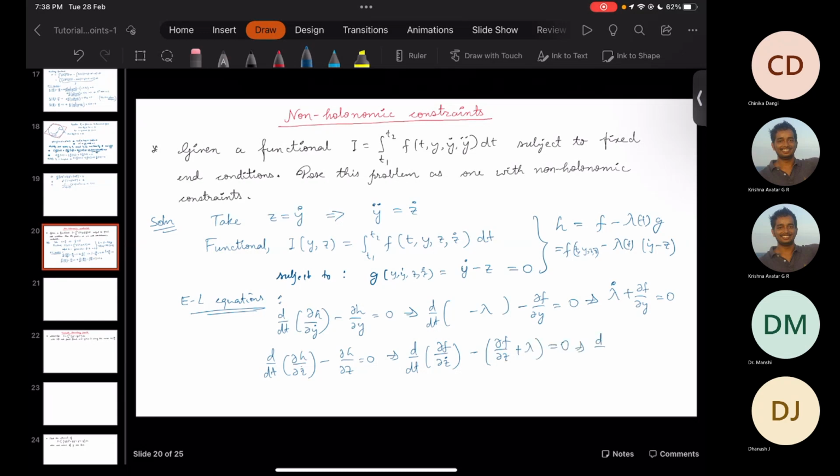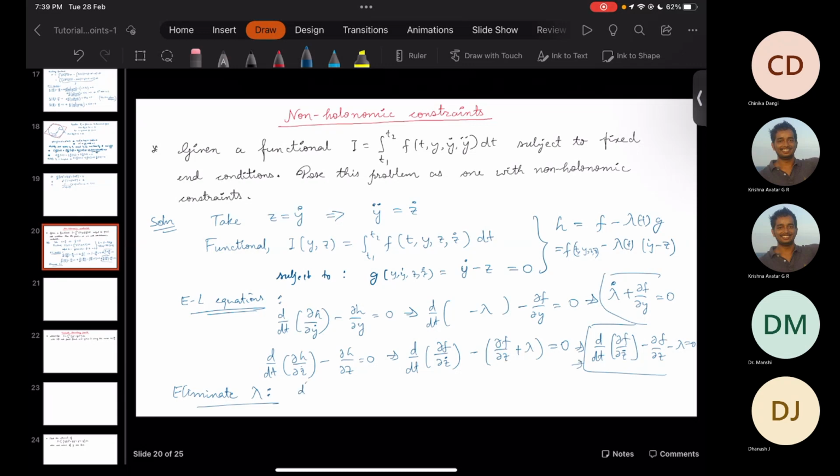And this gives us d/dt of ∂f/∂z dot minus ∂f/∂z minus lambda is equal to 0. So we have two Lagrange equations. And if we want to eliminate lambda from the two equations, we need to first differentiate the second equation with respect to t.